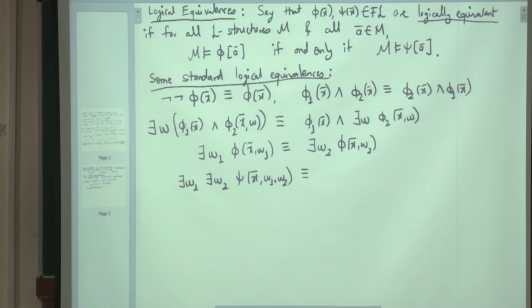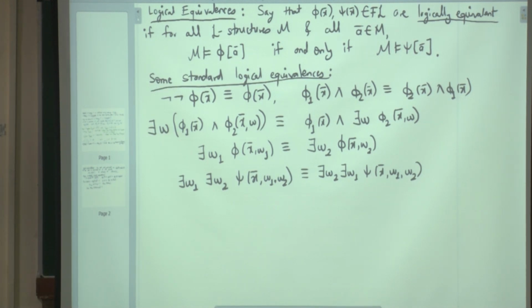Yeah, first w2. So the existential quantifiers commute with each other. But I cannot change the position of the variables inside. The position has to be the same. You understand this? Okay.